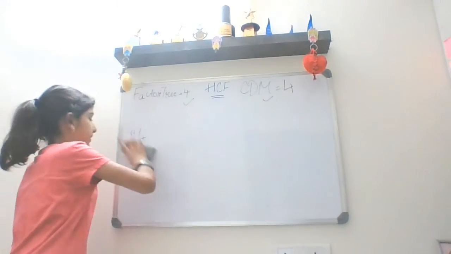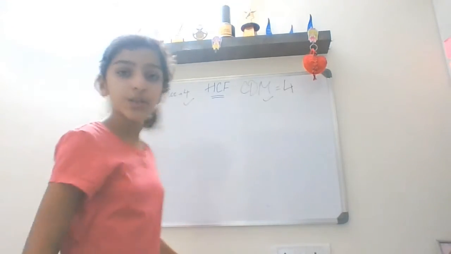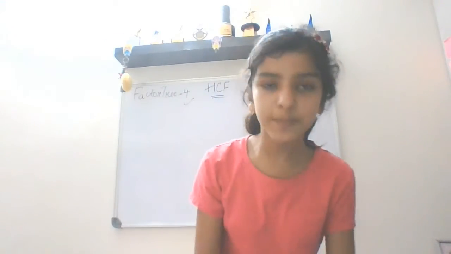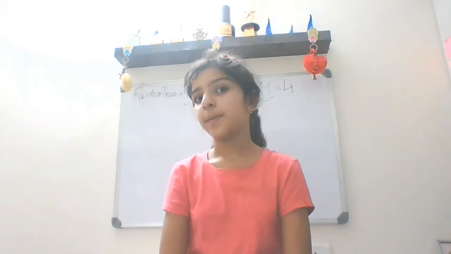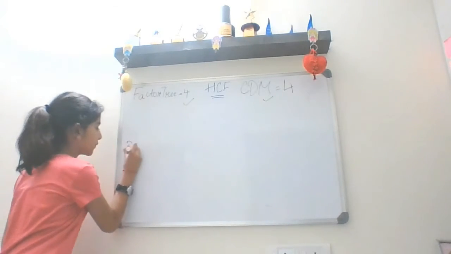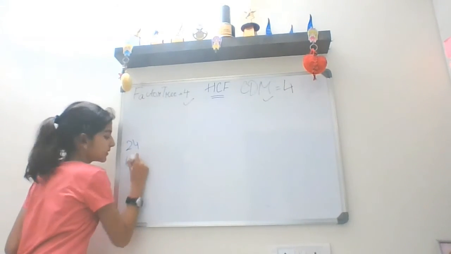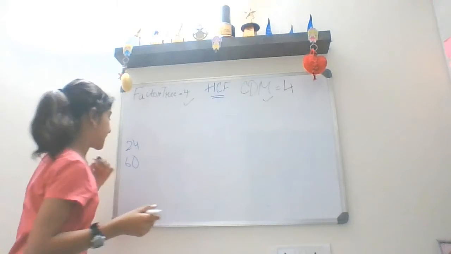Okay, so the next numbers we are going to do this for, let's think. Let's say we take the numbers 24 and 60. Good pair? 24 and 60. So what is the bigger number? 60.